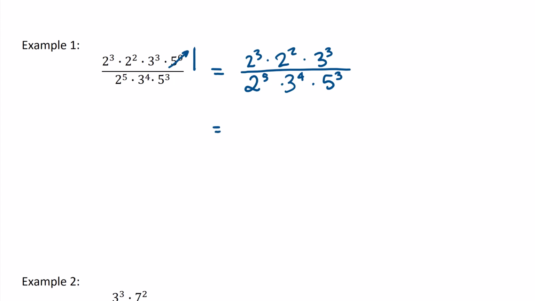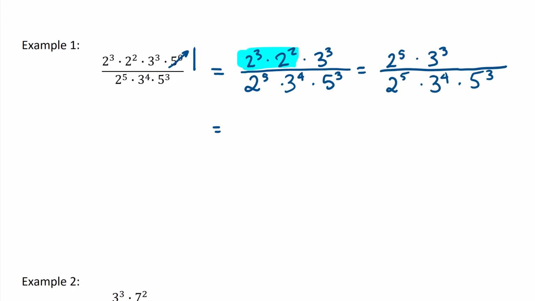From here, we need to look at any of our bases in the numerator or denominator to check to see if they combine. Since these both have a base of 2 in the numerator, I can combine 2 to the third times 2 to the second and get 2 to the fifth times 3 to the third in the numerator all over 2 to the fifth times 3 to the fourth times 5 to the third in the denominator.